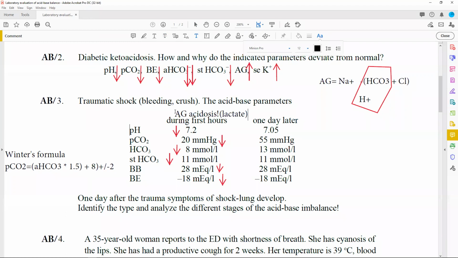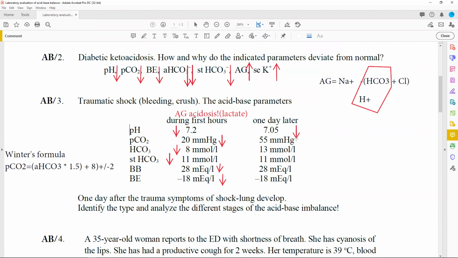All right. Now, what will happen later on? So we see one day later. What happened one day later? The pH keeps decreasing. So the pH decreases further.